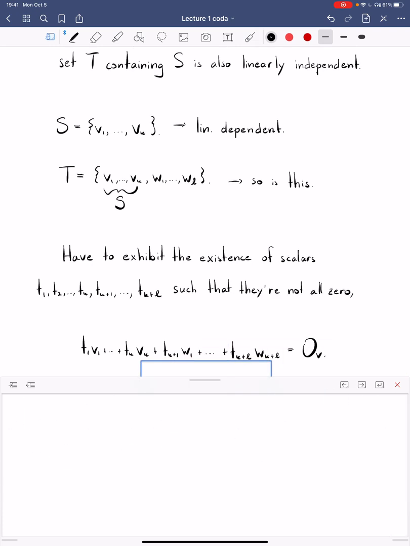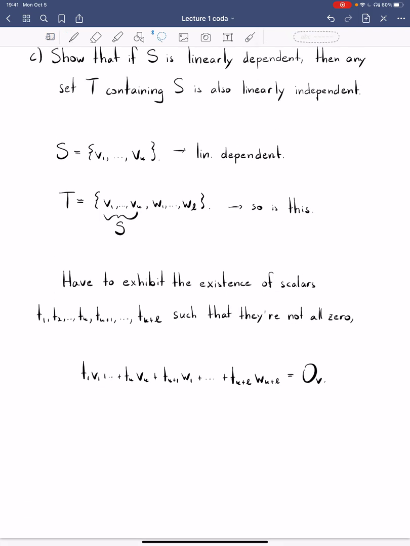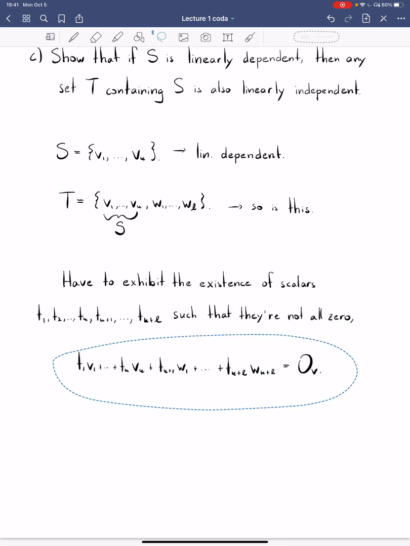All right, so how can I do this? Well, I want to do this using the fact that I know S is linearly dependent.